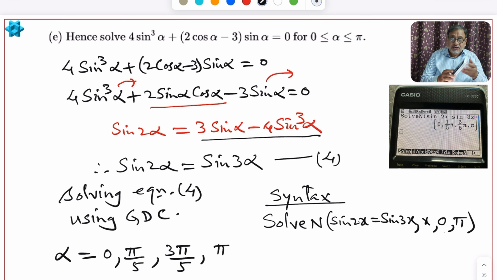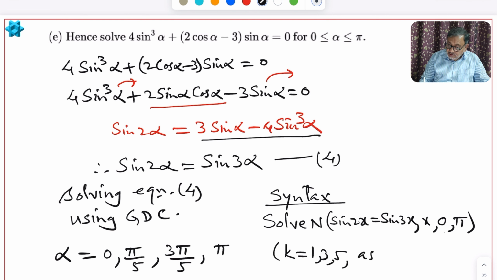I'll put the picture image of this screen, how I am typing this. Okay, so where k is 1, 3 and 5, as alpha belongs to 0 to pi, isn't it? In this interval we wanted the value. Okay, so k has become 1, 3 and 5, right?